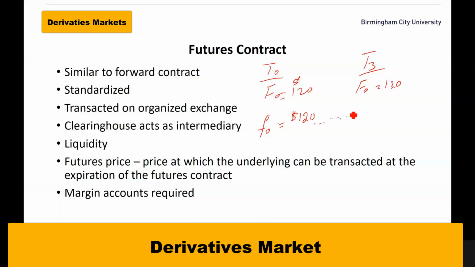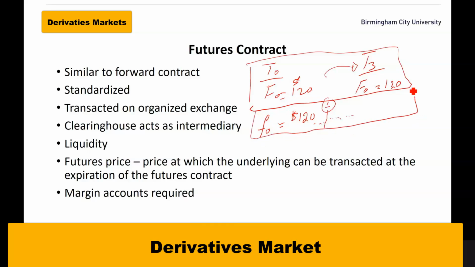And my gains and losses will be calculated at the end of the day, which we learned last week. We talked about mark to market or daily settlement for futures contracts. So in the forward contract, the gains and losses will be calculated only once at expiration. And in the futures contract, the gains and losses are calculated every day, daily settlement, mark to market.